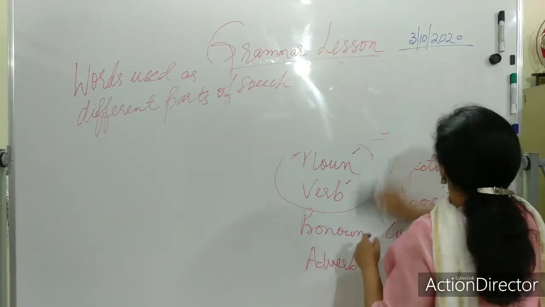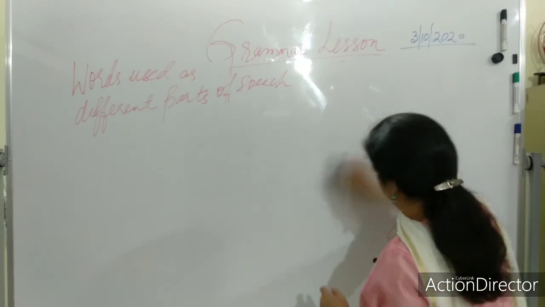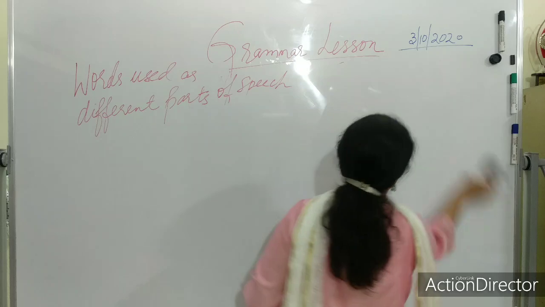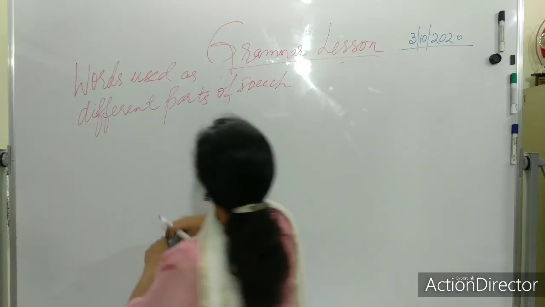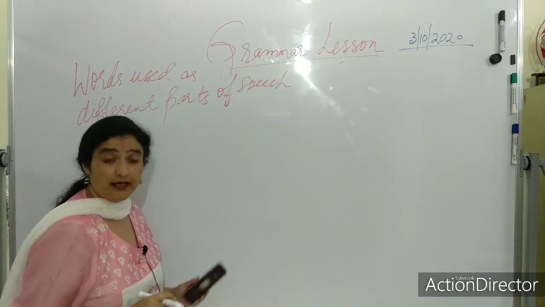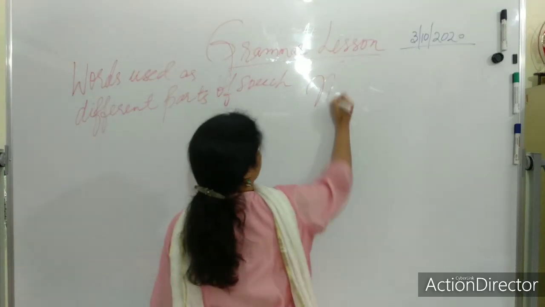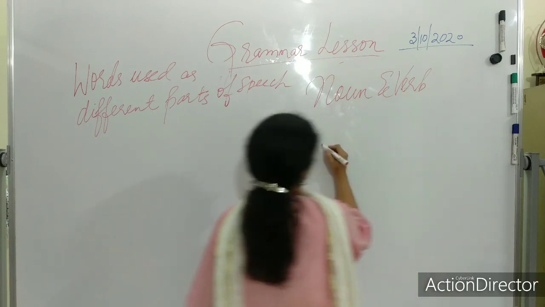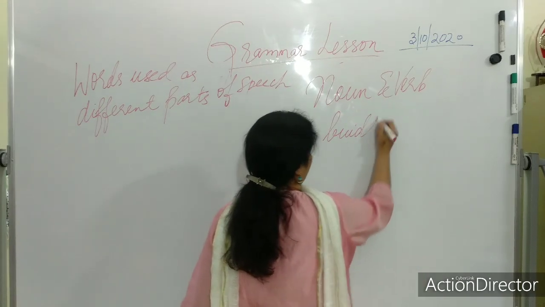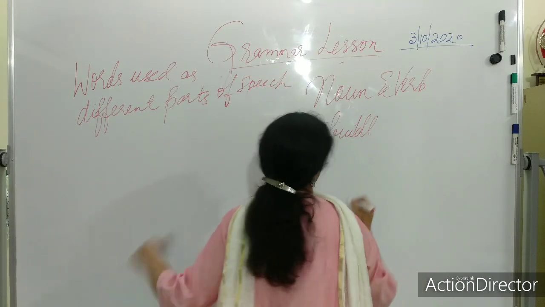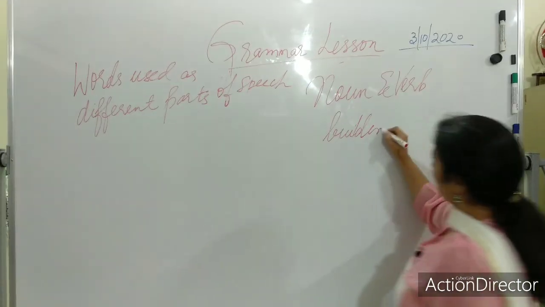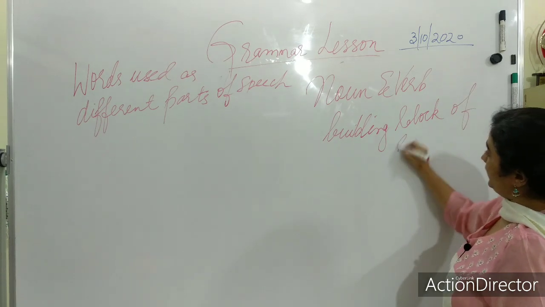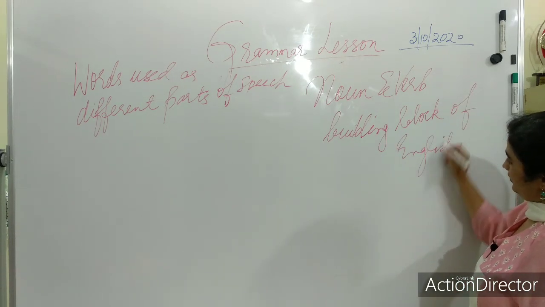There is one simple reason: they want to develop you or make you write correct sentences. It is believed that noun and verb are the building blocks of the English language.